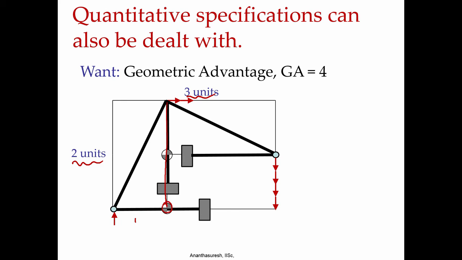Instant center, if I take this one, this moves 1, this moves 2 here, and when this moves 2 here, this moves 4, because from here to here, this is the instant center now, this is 1 unit, from here to here it is 2 units, again it goes. So, we got geometric amplification of 4, geometric advantage of 4, okay.